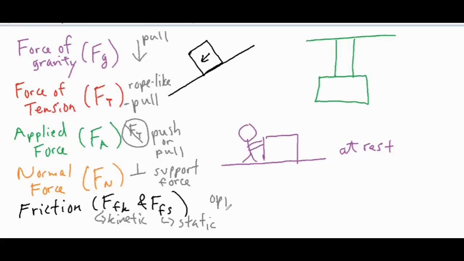For these, we'll just basically say that these oppose a slide. Kinetic is opposing a slide of something that is actually moving, and static is opposing a slide of something that is trying to move, but remains at rest. Now, the force of static friction is always greater than the force of kinetic friction on the same surface.